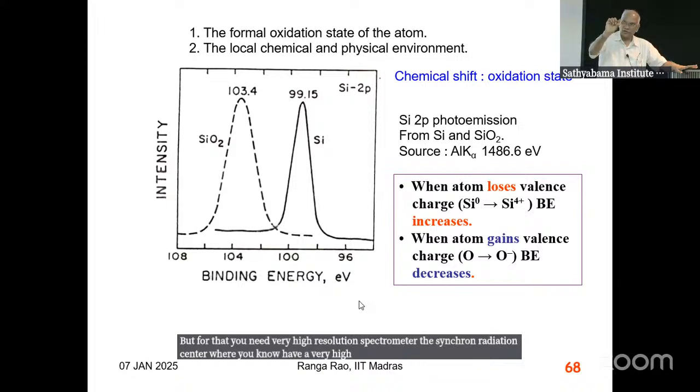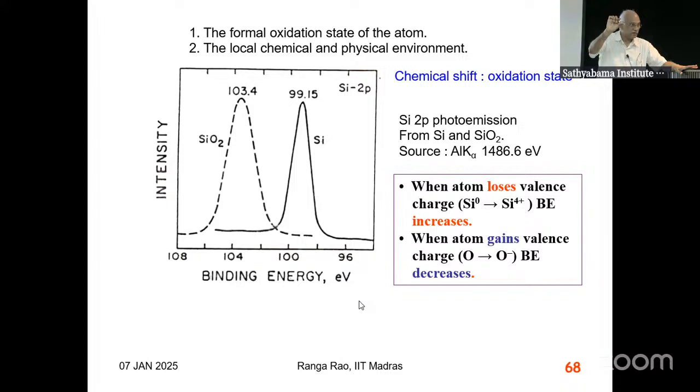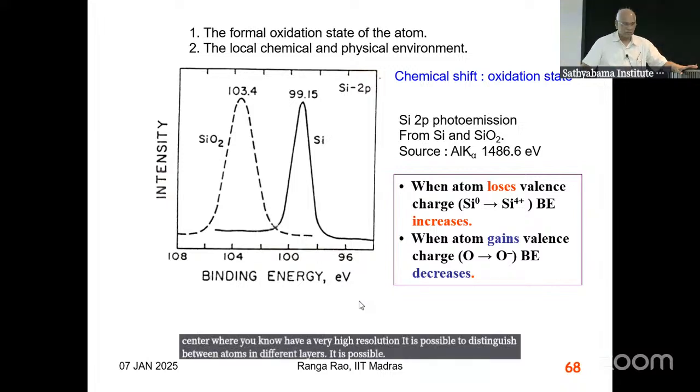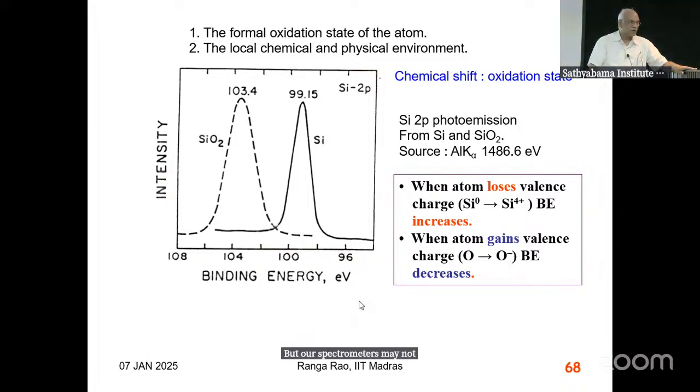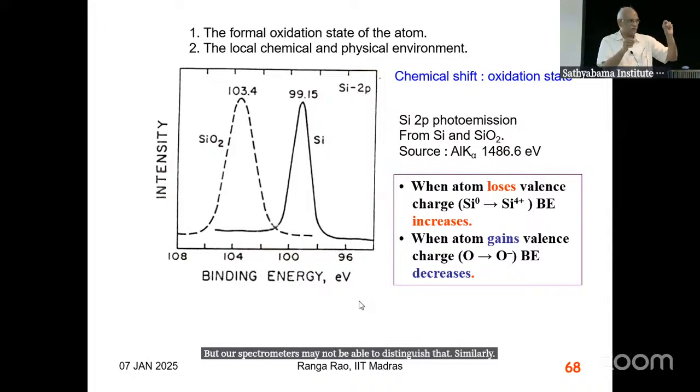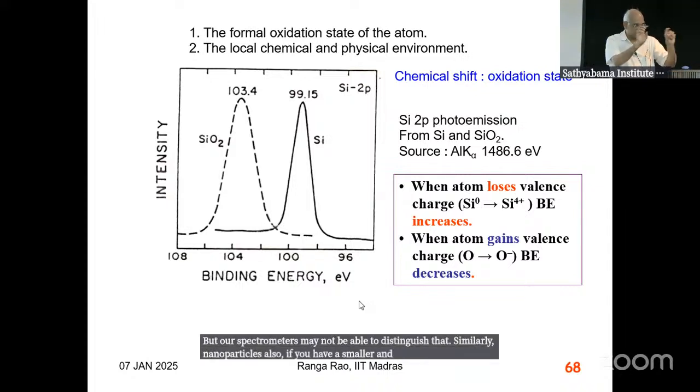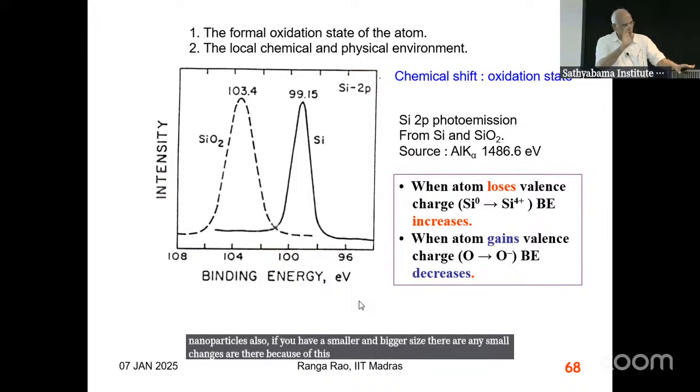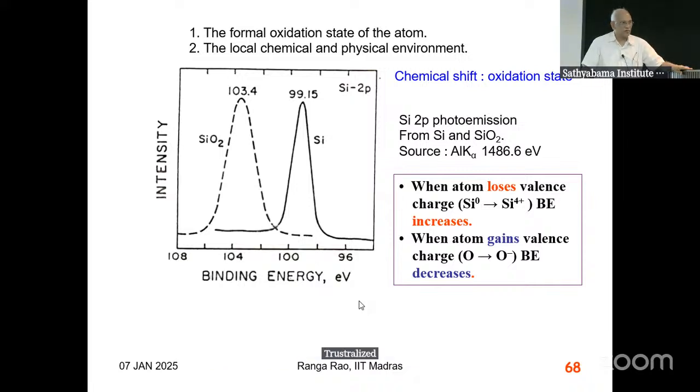It is possible to distinguish atoms in different layers, but our spectrometers may not be able to distinguish that. Similarly, for nanoparticles, if you have smaller and bigger sizes, there may be small changes. It is possible to distinguish, but a very specialized experiment has to be carried out.